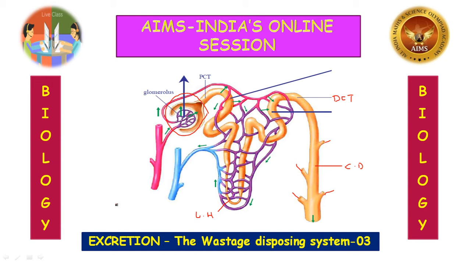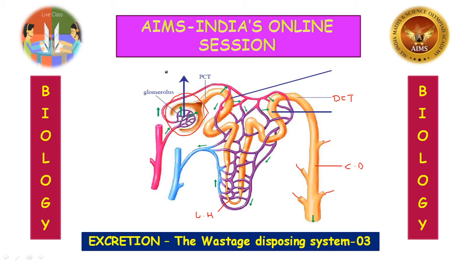Okay, and we come across there are three main steps involved in the filtration or formation of urine. What are they? They are glomerular filtration, the first one. This arrow mark represents the glomerular filtration, and the second one is tubular reabsorption.